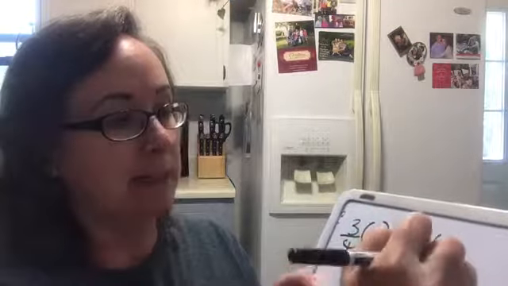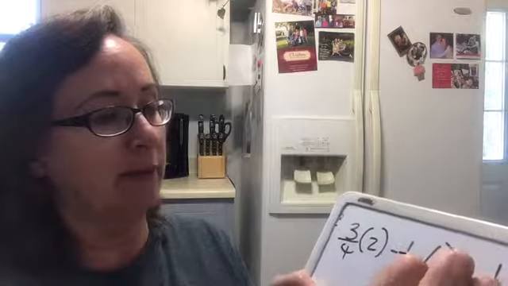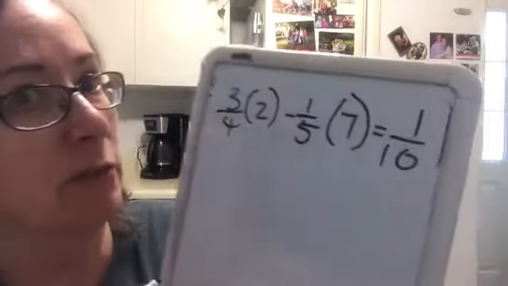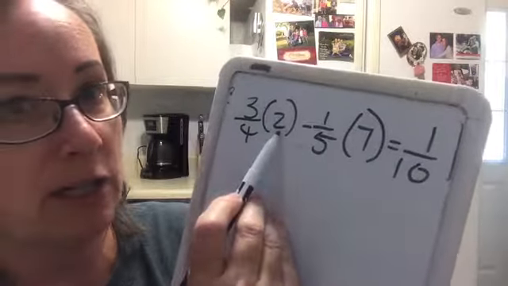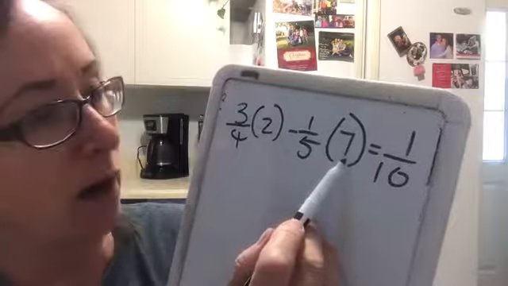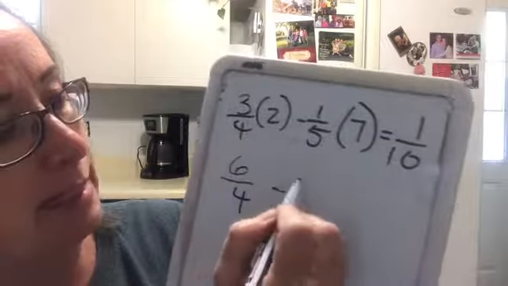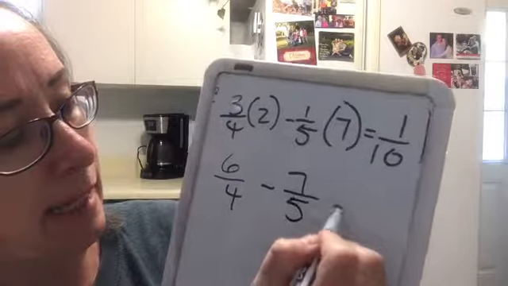So let's get another board here and just check that out because that's not something I can do in my head. So 3/4 times 2 minus 1/5 times 7 equals 1/10. Okay, so that's what we're trying to figure out. Is it true or is it not? We've substituted our 2 in for our x and our 7 in for our y. So now we end up with 6/4 minus 7/5 is 1/10.